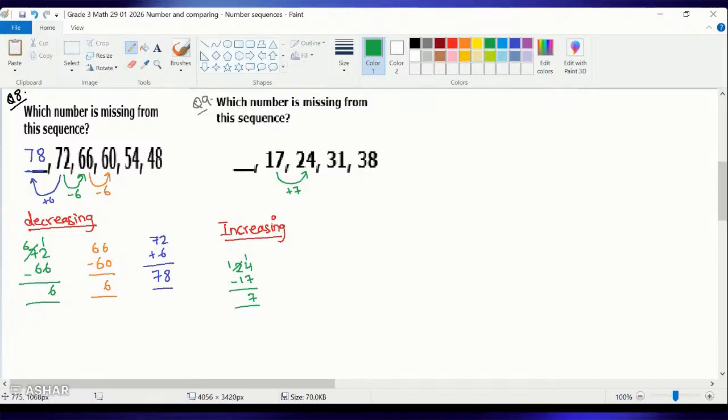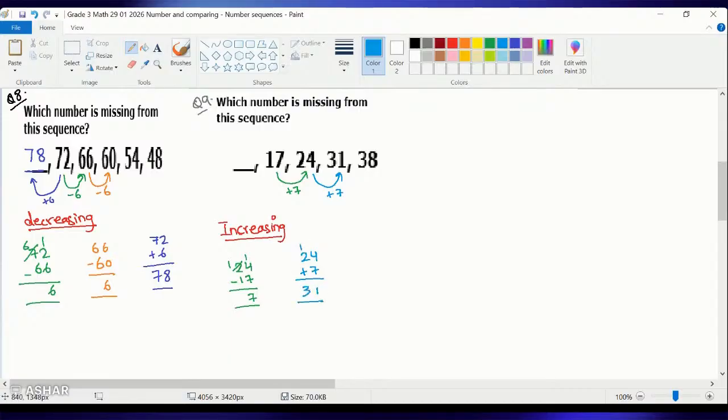Okay, 24 plus 7: 4 plus 7 is 11, we carry a 1, that should be 31.